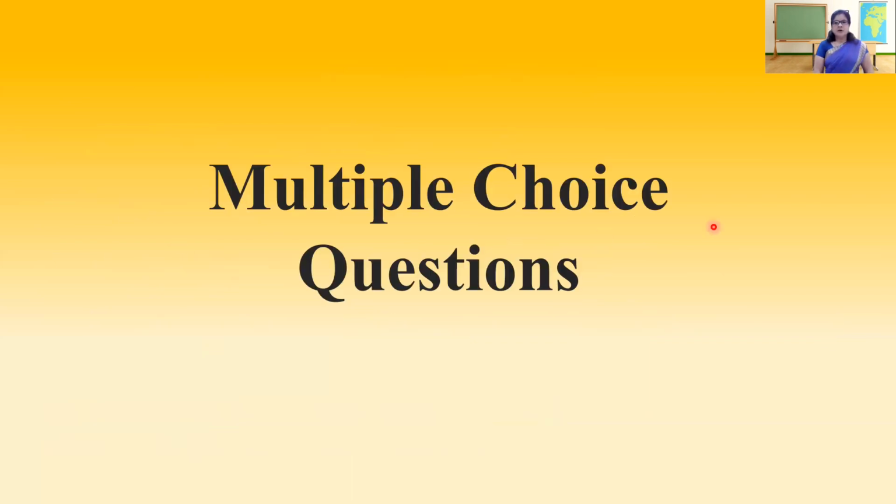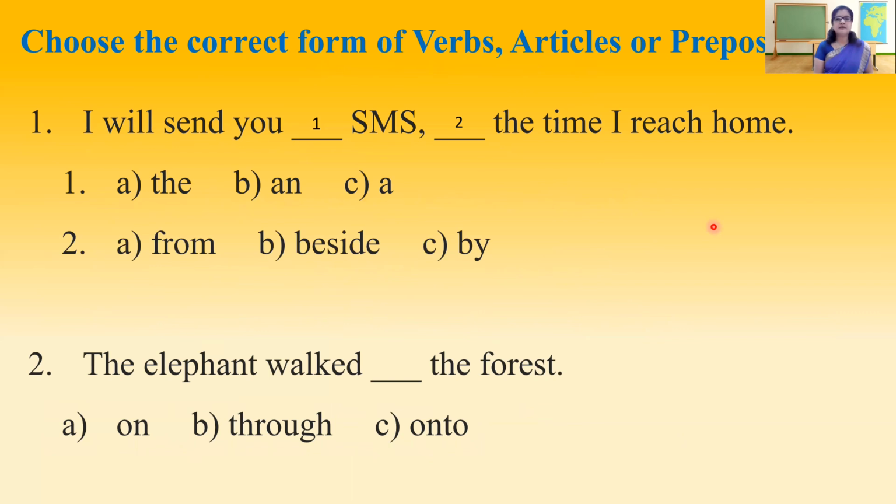So now, multiple choice questions. Here are some multiple choice questions. Choose the correct form of the verbs, articles or prepositions. For example, I'm going to read here. I will send you dash SMS dash the time I reach home.